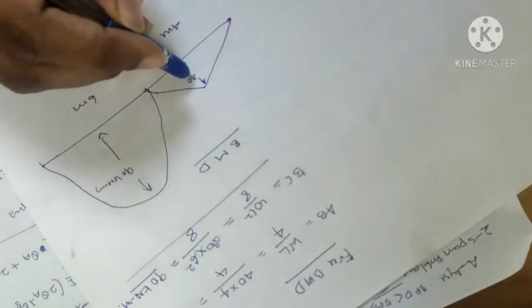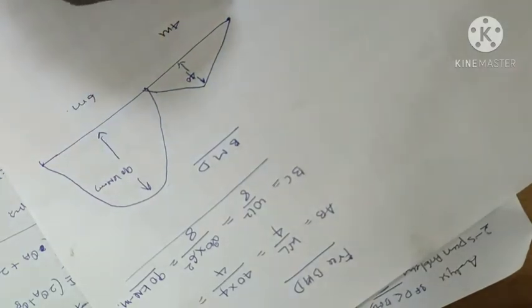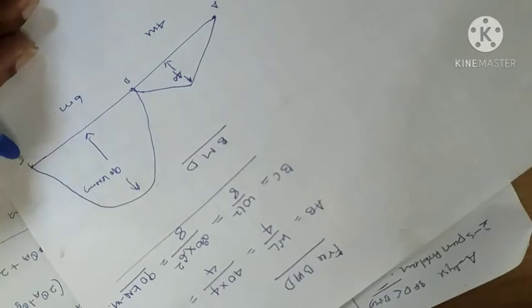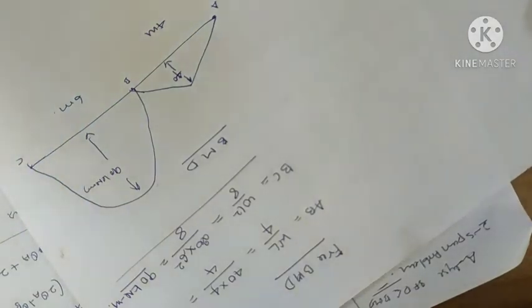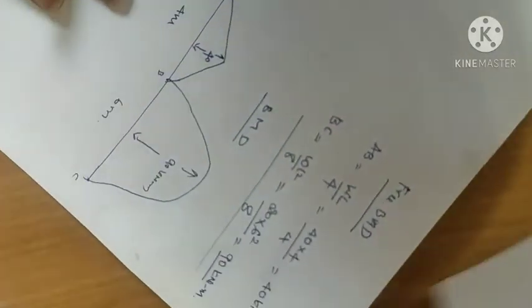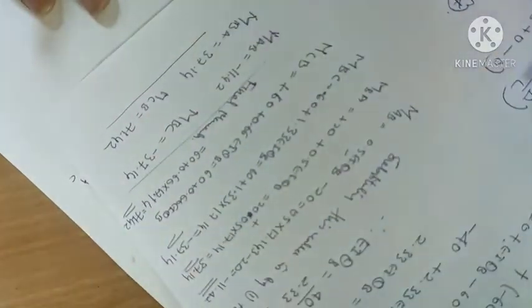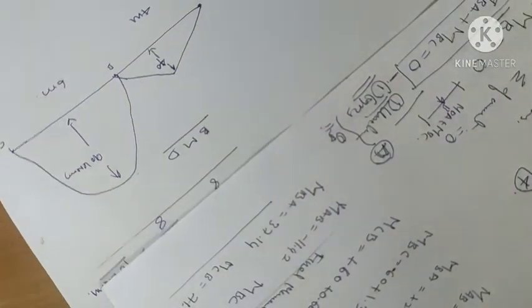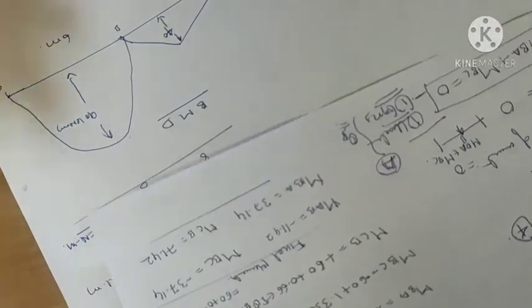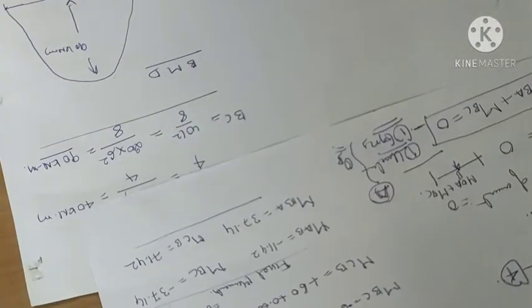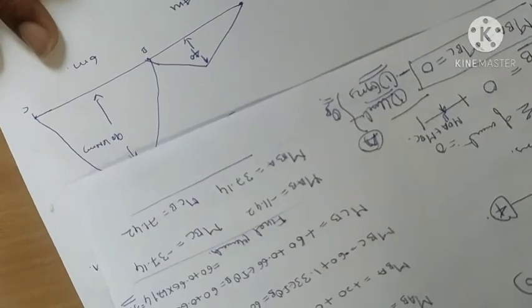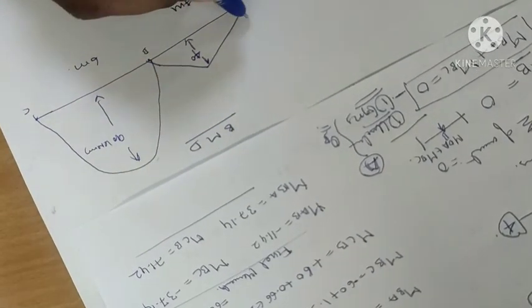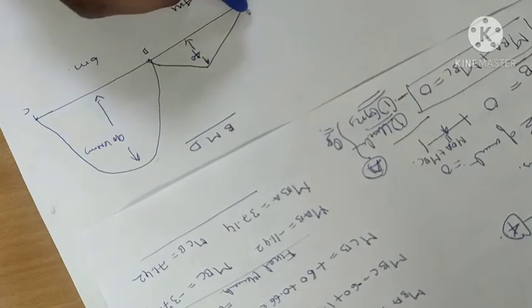Okay, now at the ends, what is MAB? This is joint A, this is joint B, this is joint C. MAB is 11.42. This is 40, so 11 will be somewhere here.